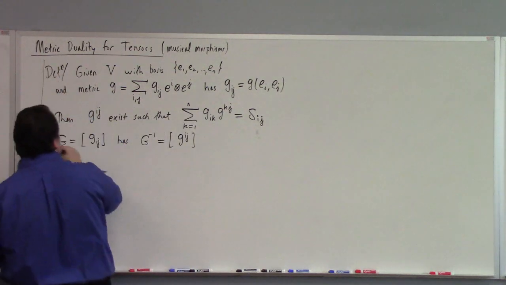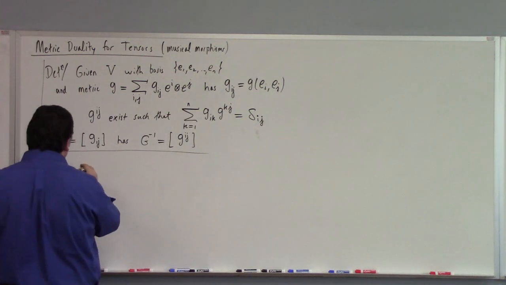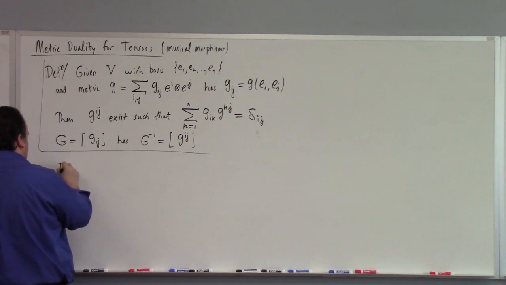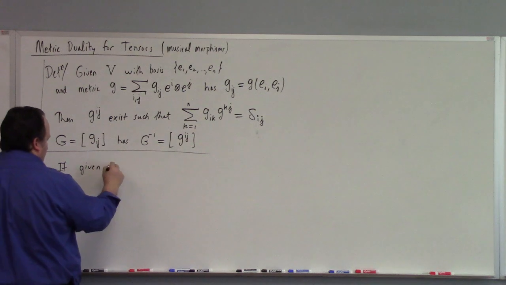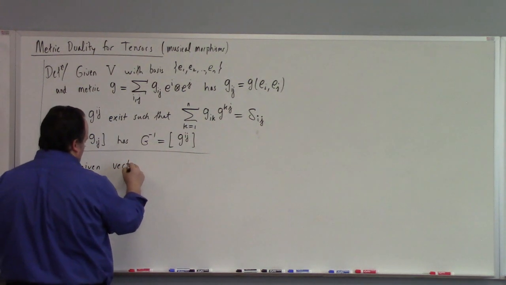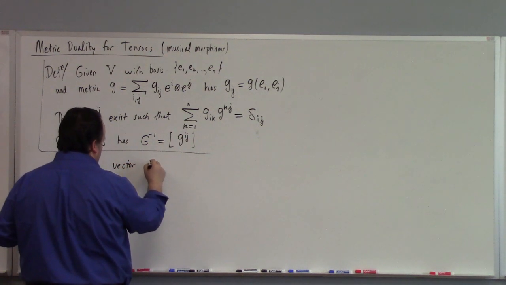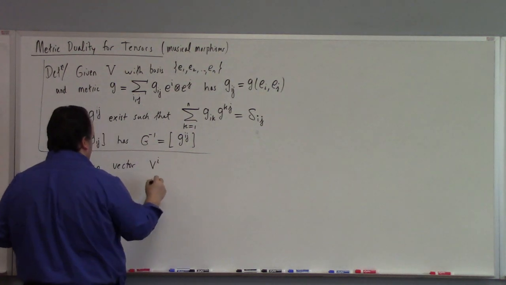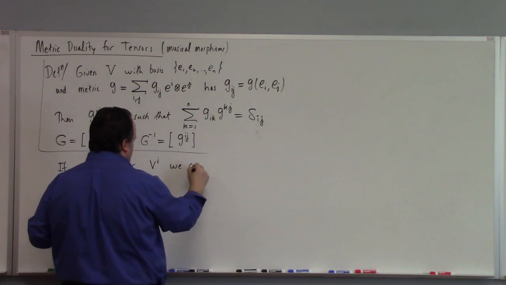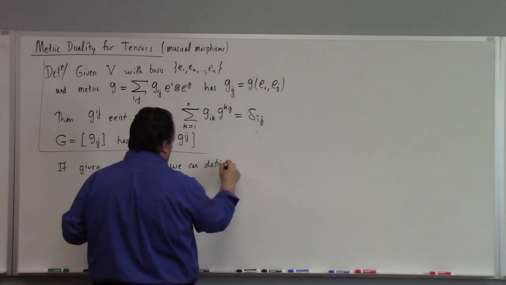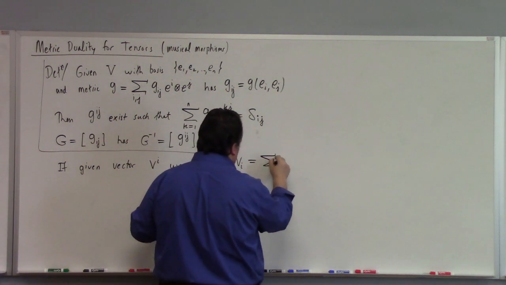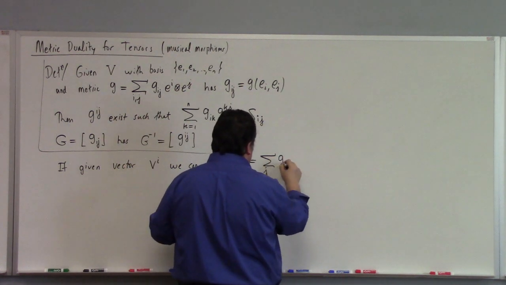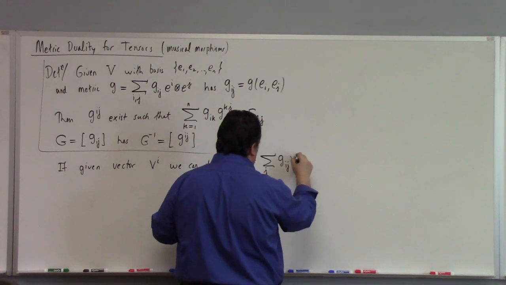Once we have that, if we're given a vector V upper i, we can define V lower i to be equal to the sum over j of Gij V upper j.